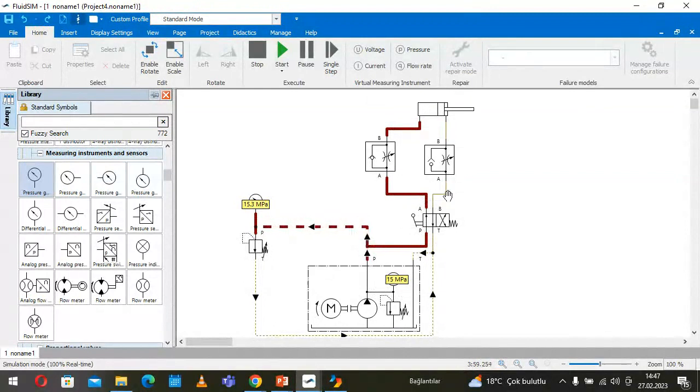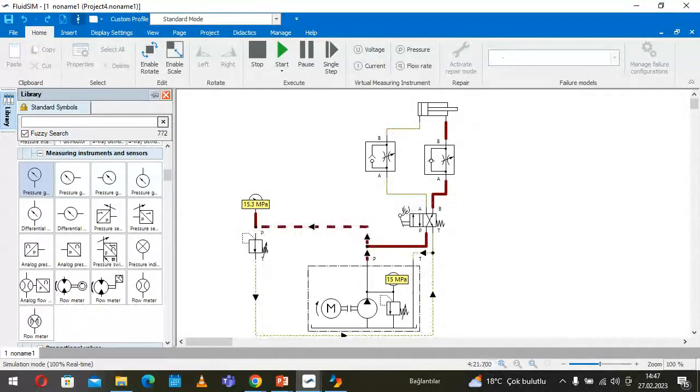After arriving at the final station, the oil has to flow because the pump is delivering the oil. So the oil has to flow into the tank like this, or vice versa. During the motion of the cylinder, the pressure relief valve is not in action.